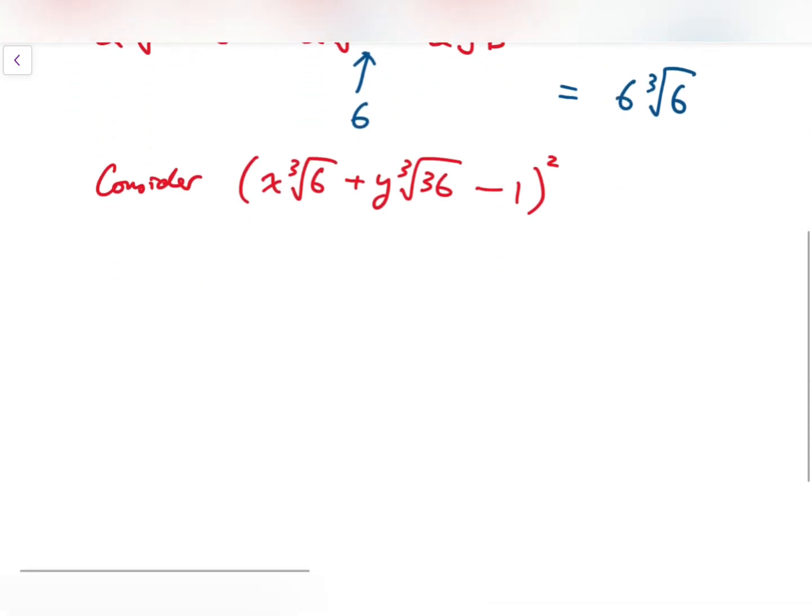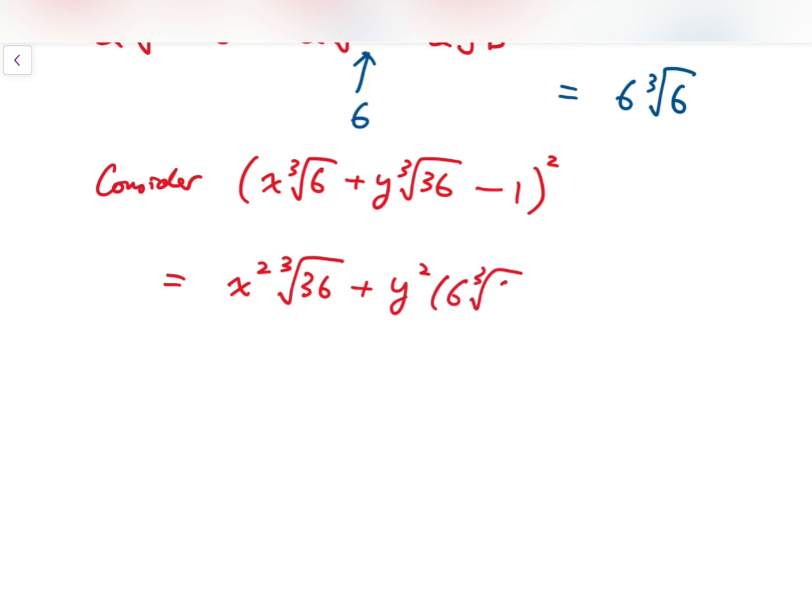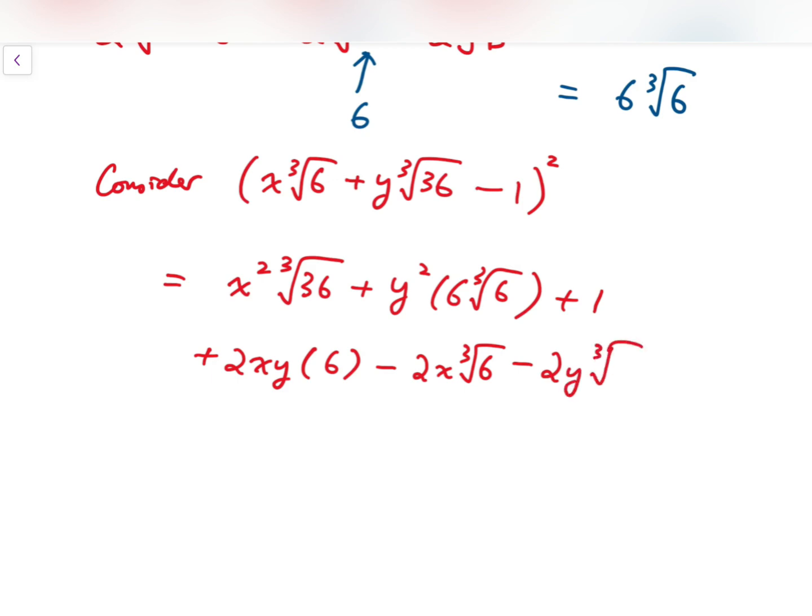Then by squaring, we expand and we have x squared times cube root of 36 plus y squared times cube root of 36 squared, and as I've done just now, that is 6 times cube root of 6, and then plus 1 plus 2xy times cube root of 216, and that's 6. Then minus 2x cube root of 6, and minus 2y cube root of 36.